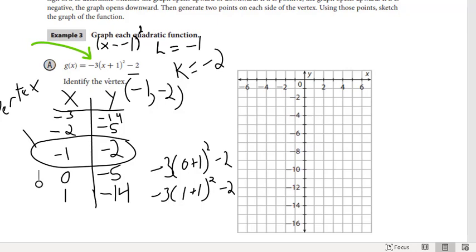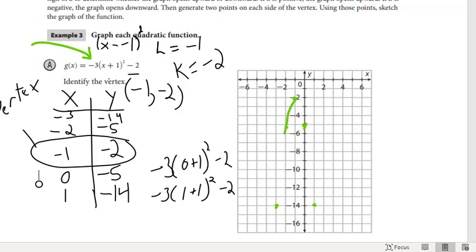But plot my points. Negative 1, negative 2, 0, negative 5, 1, negative 14, negative 2 and negative 5, negative 3 and negative 14.